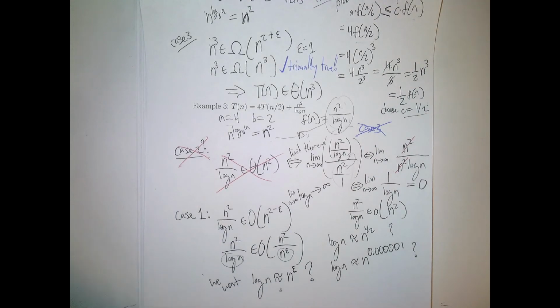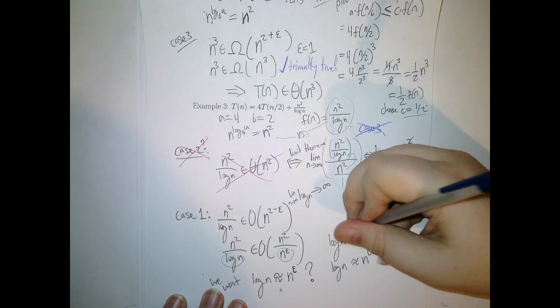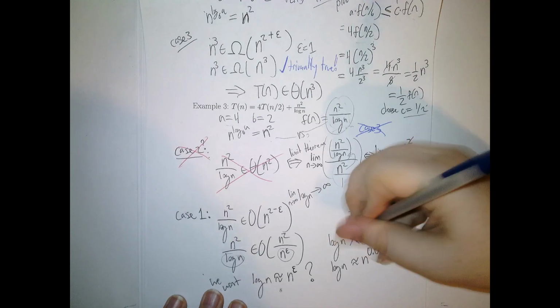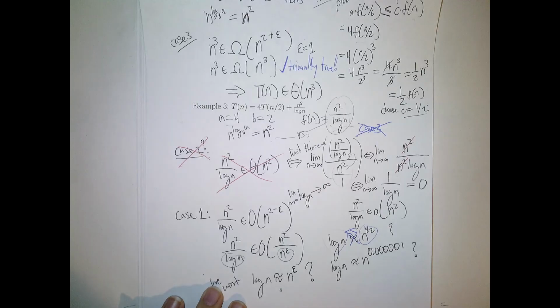Well, it turns out n to the 1/2 is much faster growing. So this is not true. Actually, this is much faster growing than log n. N to the 1/2 is going to be too much. We're going to be dividing by too big a number.